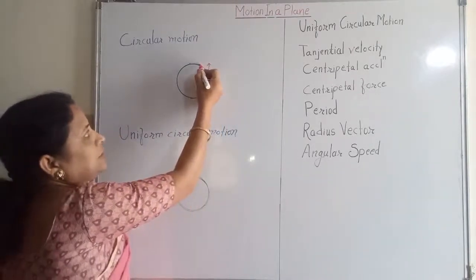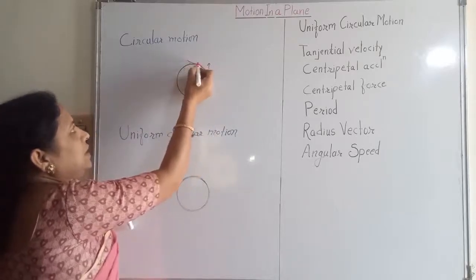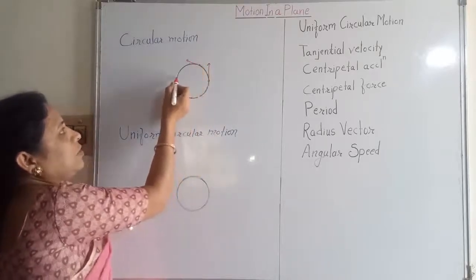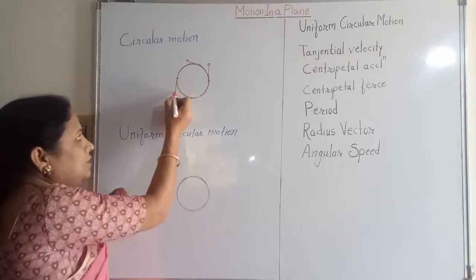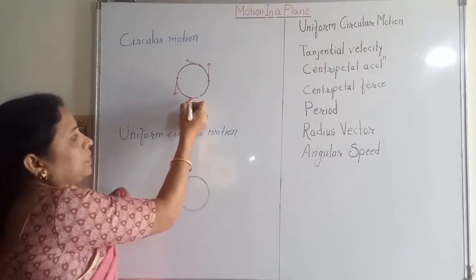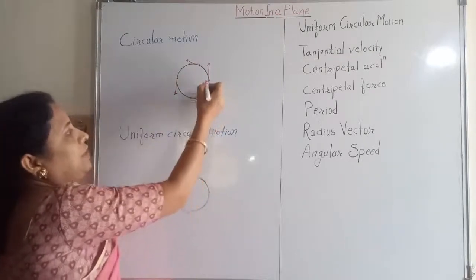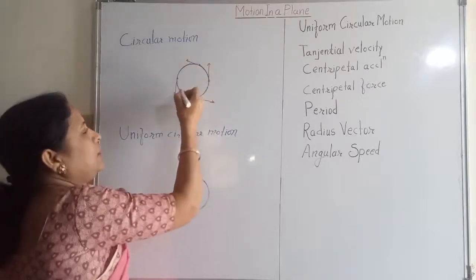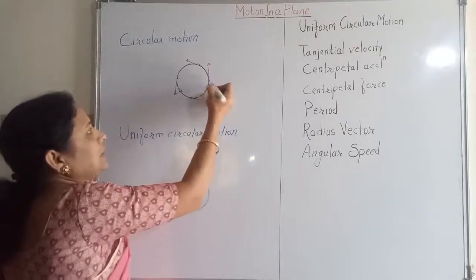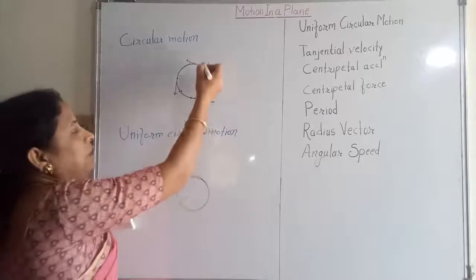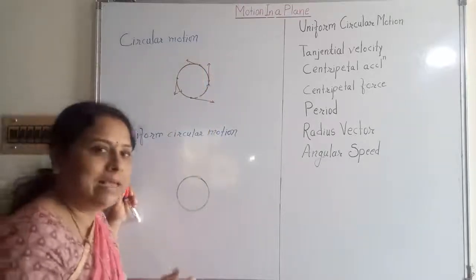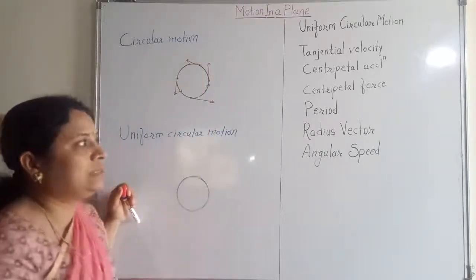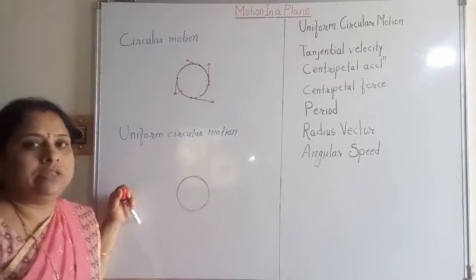Suppose your object is here, then this is the direction of velocity. If the object is here, this is the direction of velocity. At every point the velocity is along the tangent, and that's why it is called the tangential velocity.